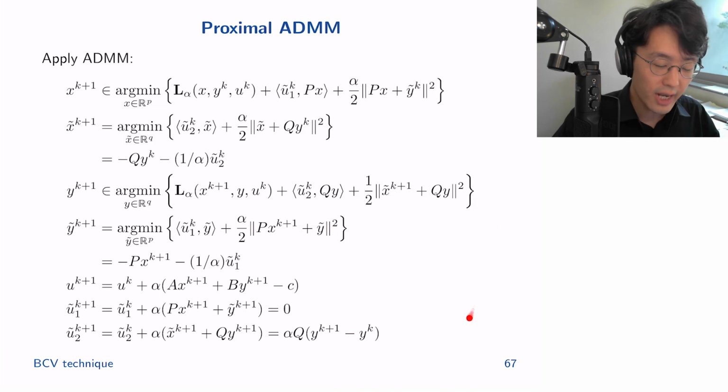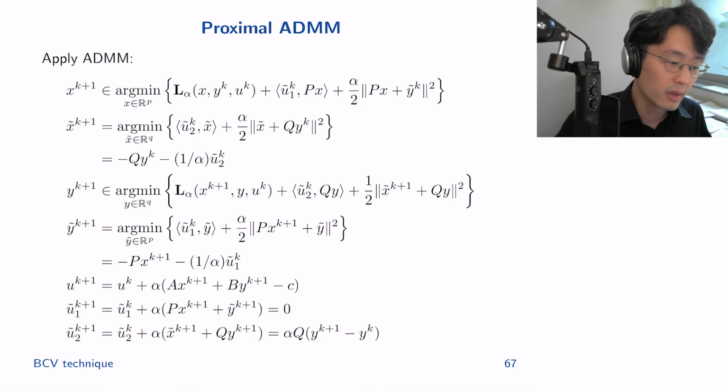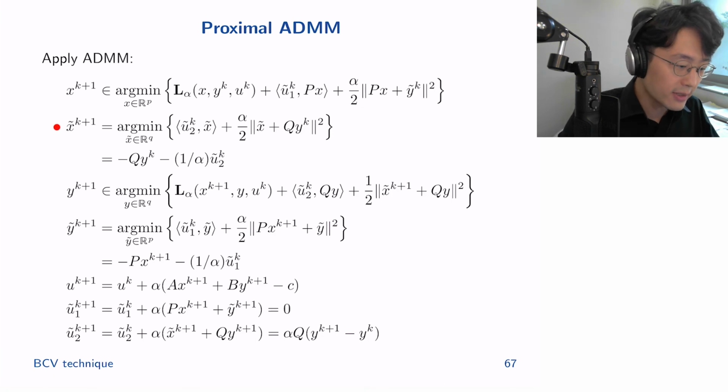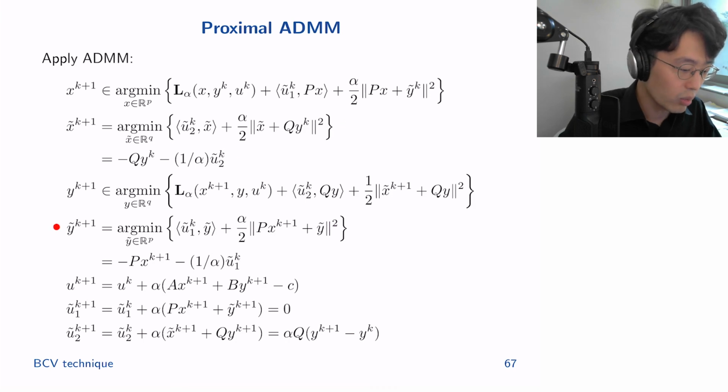In writing this down, I have skipped some tedious calculation steps, but let me point out a few important points. So the x tilde update is expressed in this way, and because this minimization is a quadratic minimization problem, we have a closed form solution. So x tilde k plus 1 can be written in this way. And the same is true with the y tilde update.